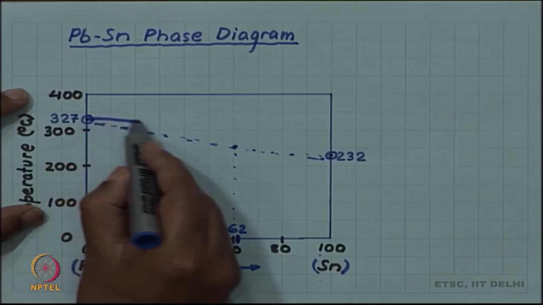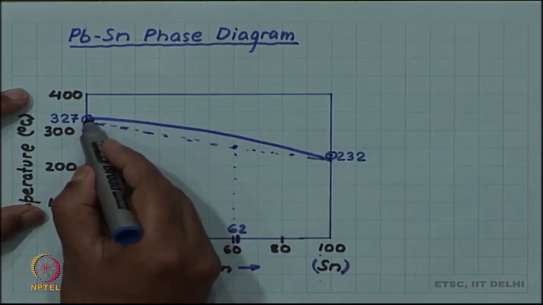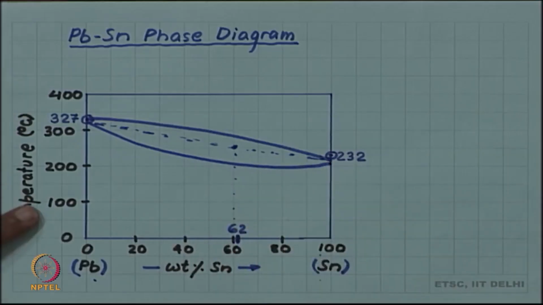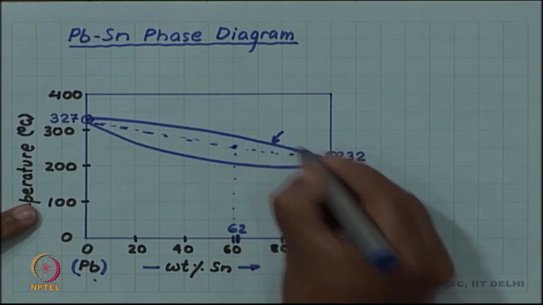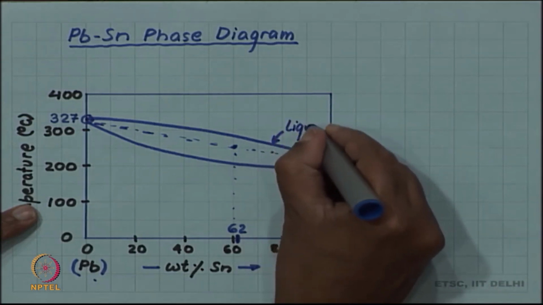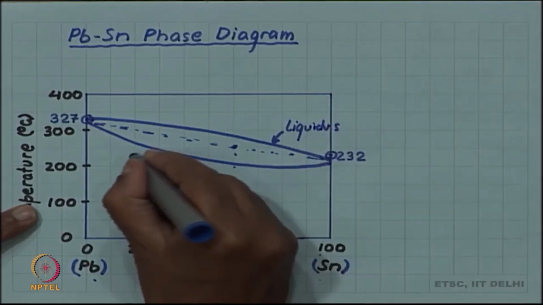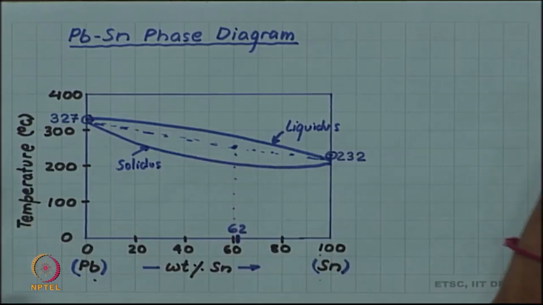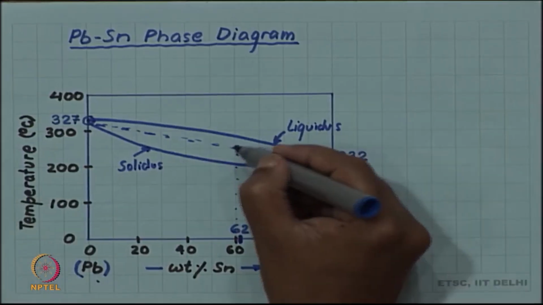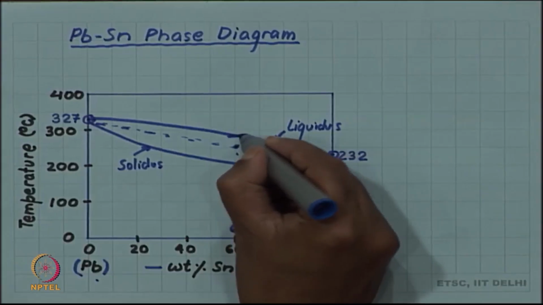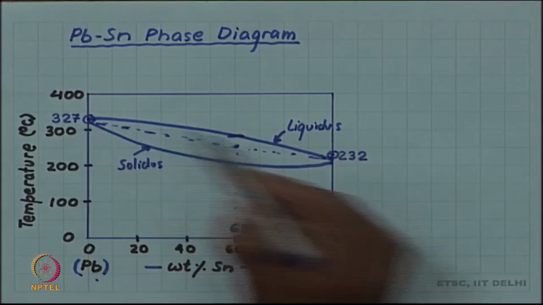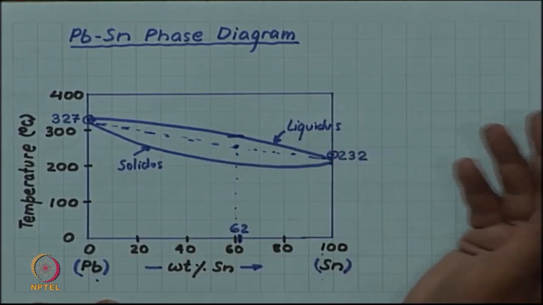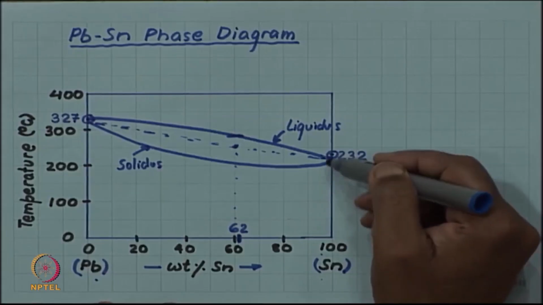So, you saw in the copper nickel diagram that there was a liquidus and a solidus. So, you can predict something like this, that here also you will have a liquidus and a solidus, and this gives you an alloy which will melt at a lower temperature than the higher melting component lead. And this is intuitively obvious because we are adding tin.